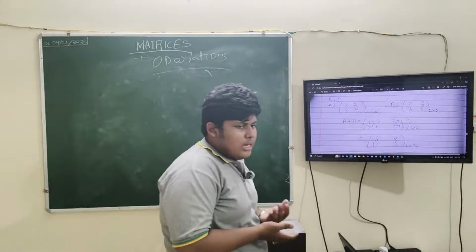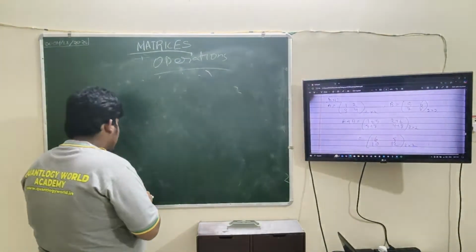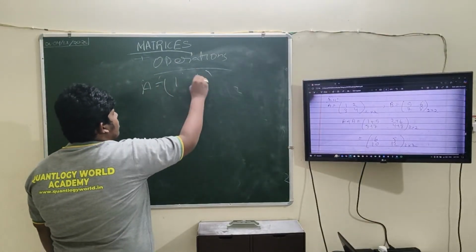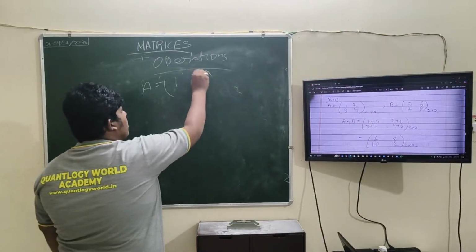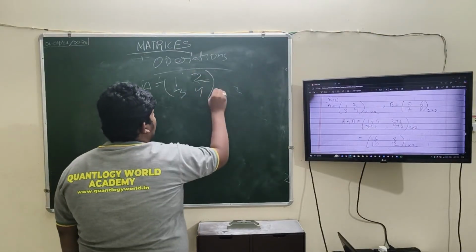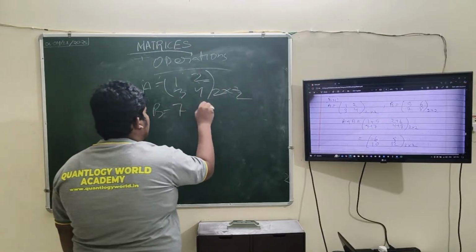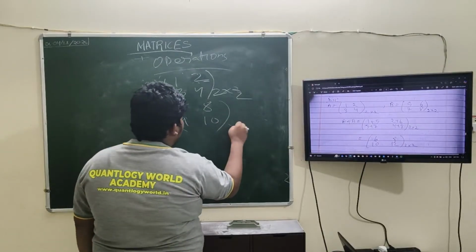We have given the general formula. Let's give an example. A equals, let's say, 1, 2, 3, 4, a 2 cross 2 matrix. B is equal to 7, 8, 9, 10, a 2 cross 2 matrix.